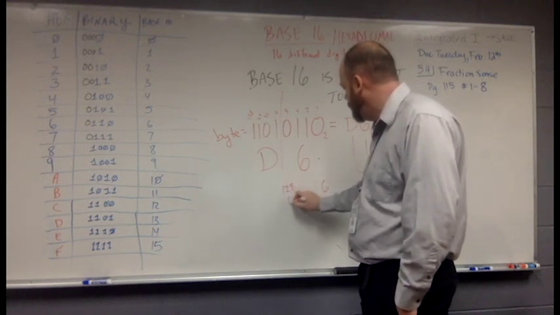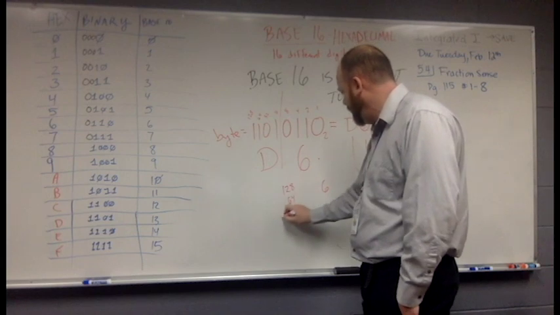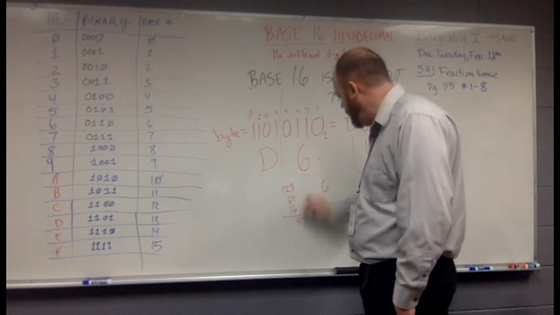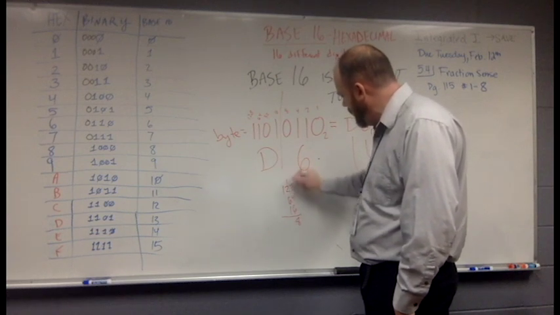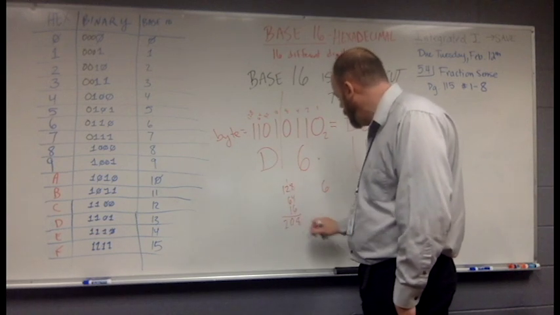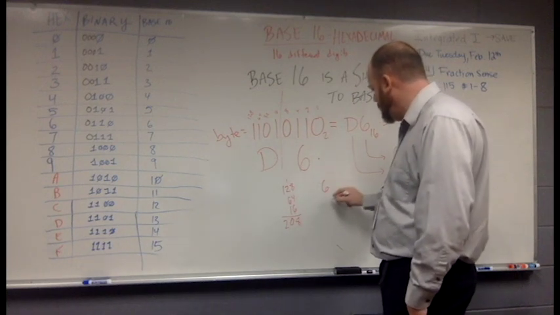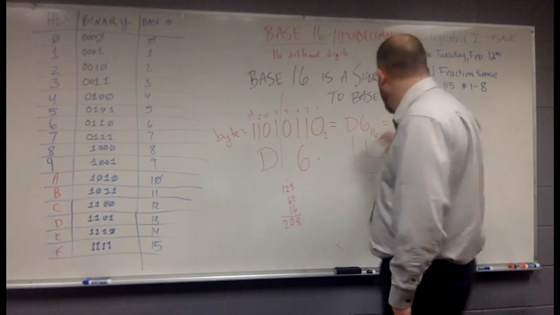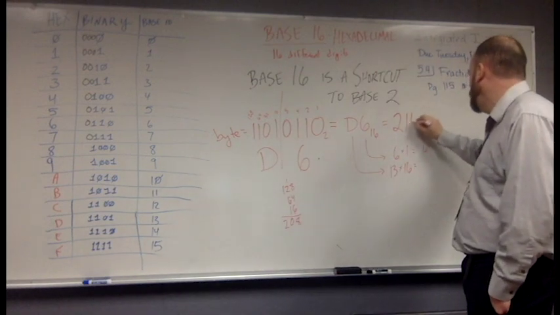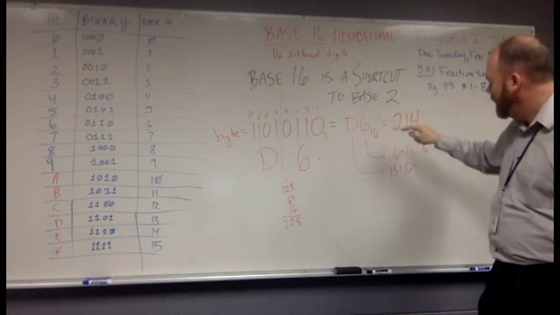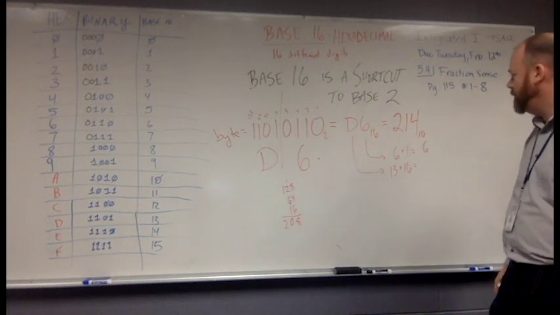That's 208. So 208 plus the 6 is 214. So this binary equals this base 16 equals this base 10.